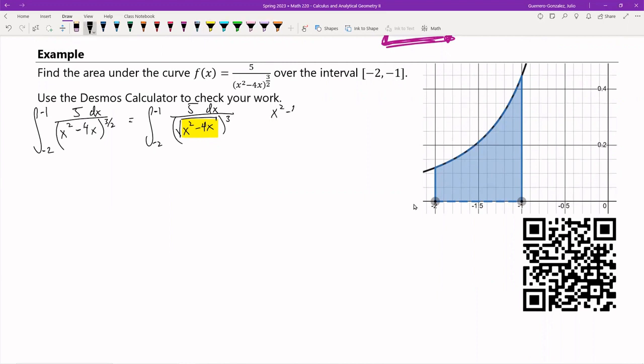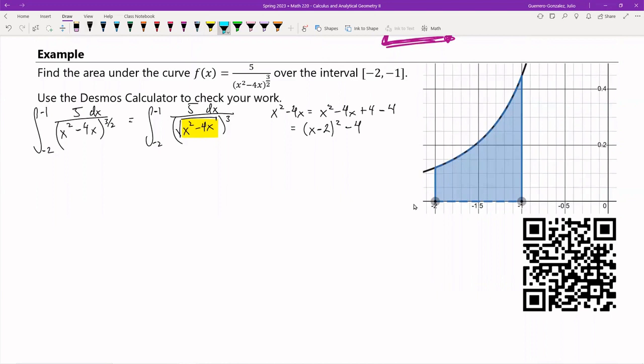x squared minus 4x is equivalent to x squared minus 4x plus 4 minus 4. If you take a look, I added 0, but I added a nice 0. I added plus 4 minus 4, and there's a means to an end there. It turns out that the first portion is x minus 2 squared, and then minus 4.